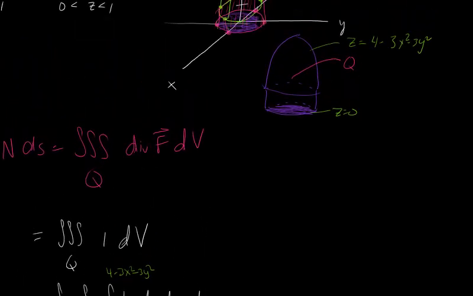Then y is going to be bounded by this circle here. Grab my other color, this circle here. So if I look at that in the xy plane, this is a circle of radius 1. So that's x squared plus y squared is equal to 1. So our lower boundary is y equal to the negative square root of 1 minus x squared, and our upper boundary is going to be y equal to the positive square root of 1 minus x squared.